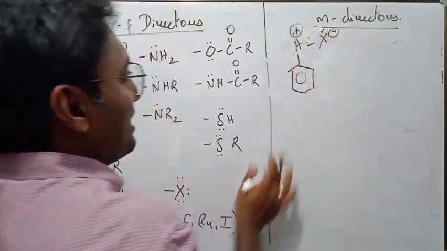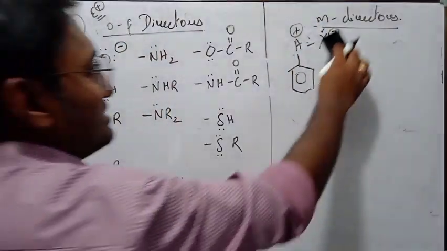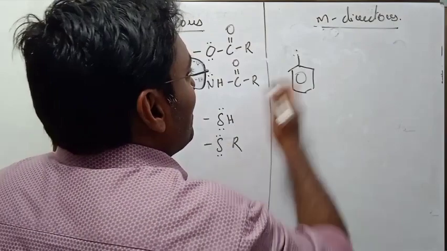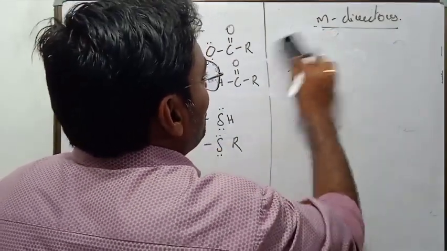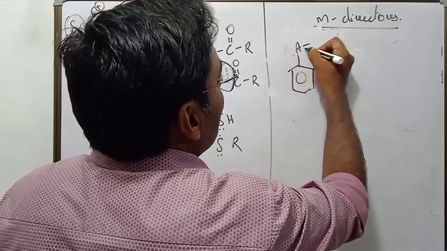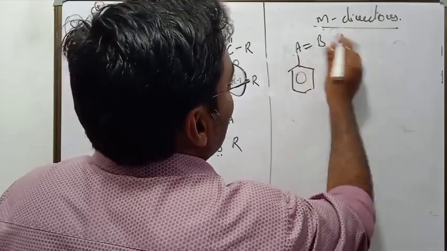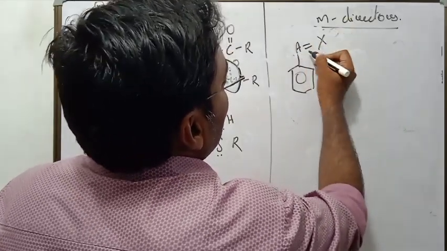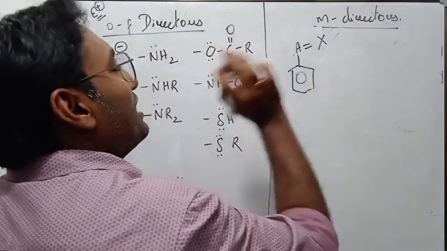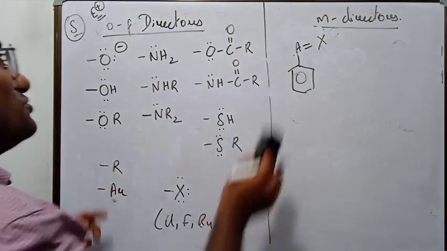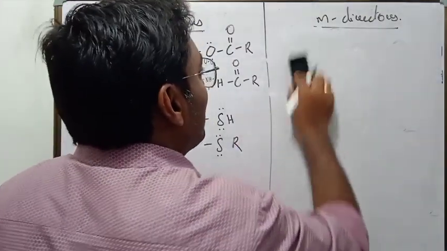So there are only two requirements. Either the key atom should be positive, or the key atom should be linked to an electronegative atom through multiple bonds. In this case also the key atom would become positive. Let us look at the examples of meta directors.